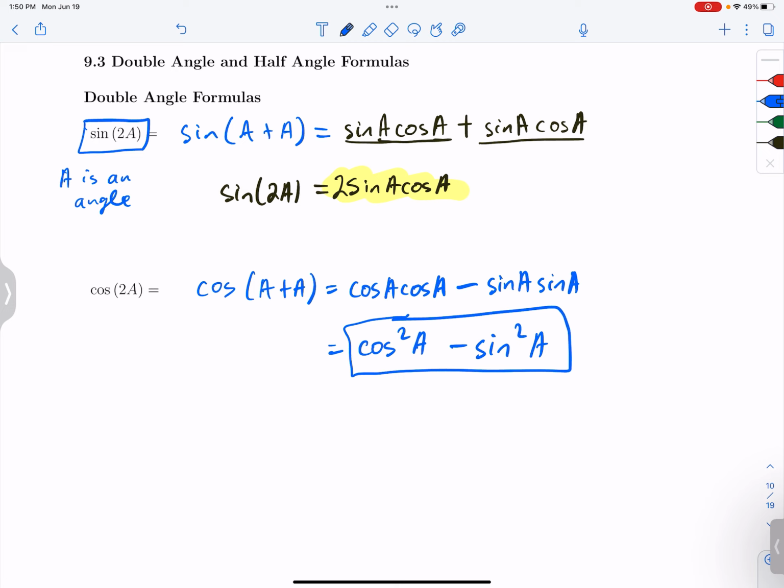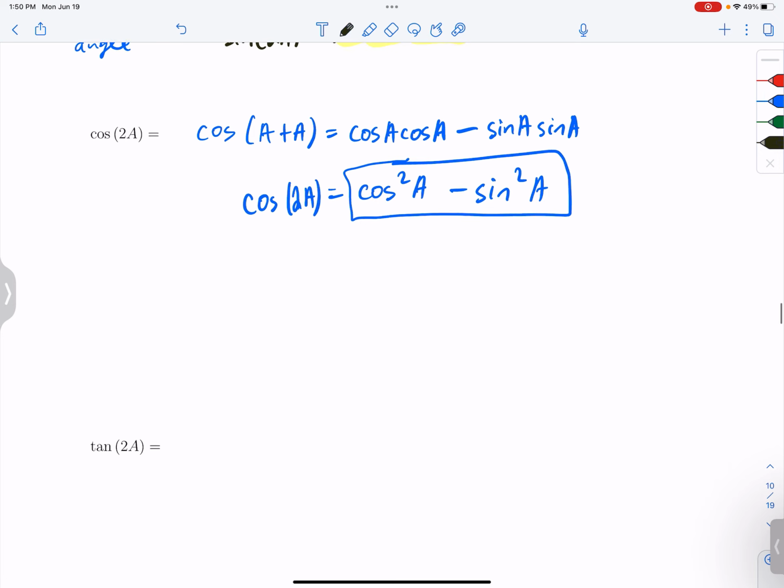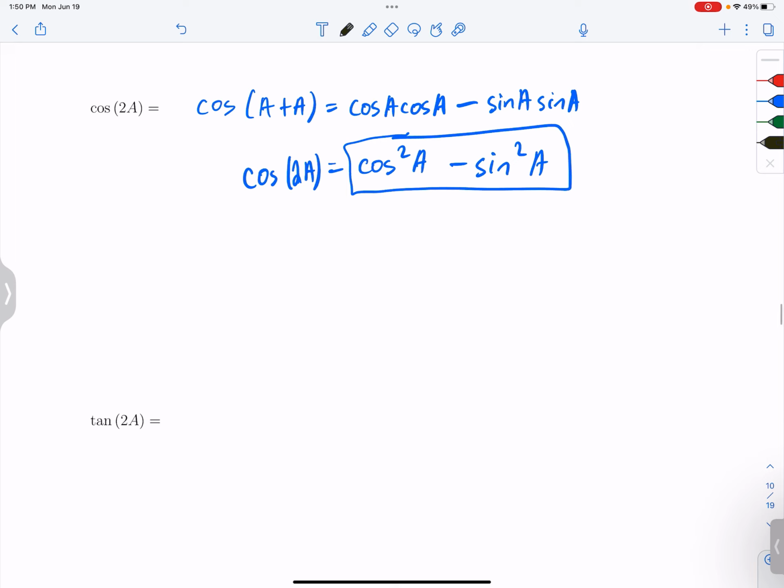Now for cosine, which is different than the double angle for sine, we have two other valuable forms that we're going to see here. Both of these other forms come from the Pythagorean identity. So if I solve the Pythagorean identity for cosine squared of a, we get 1 minus sine squared of a.